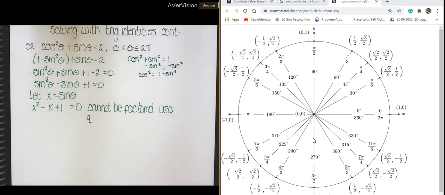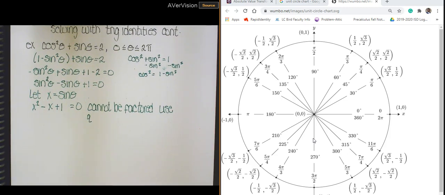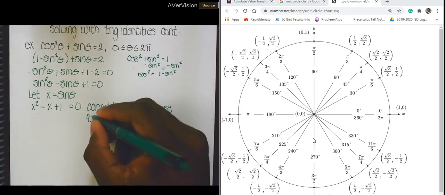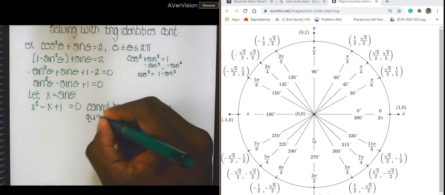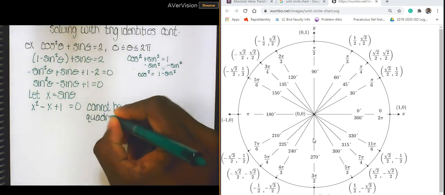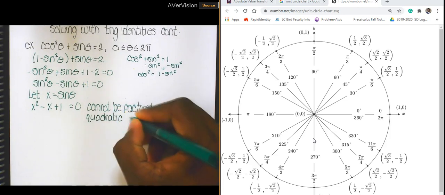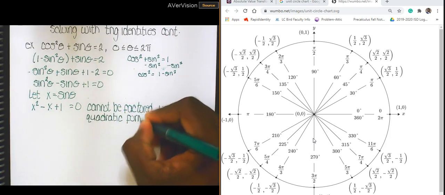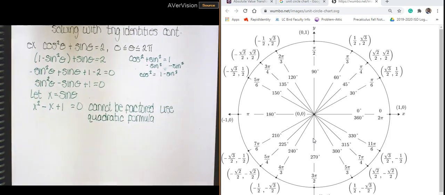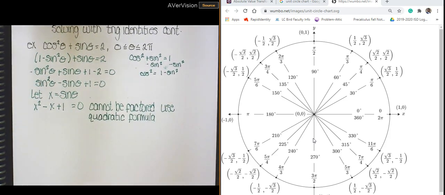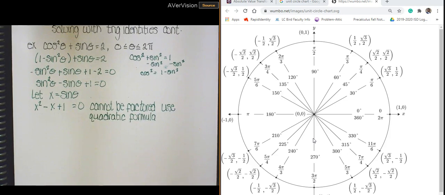Starts with the Q. If we can't factor, we can always use the quadratic formula. What is the quadratic formula?